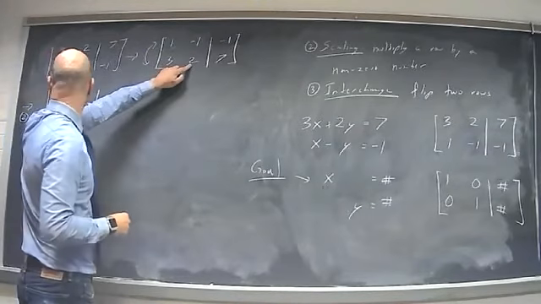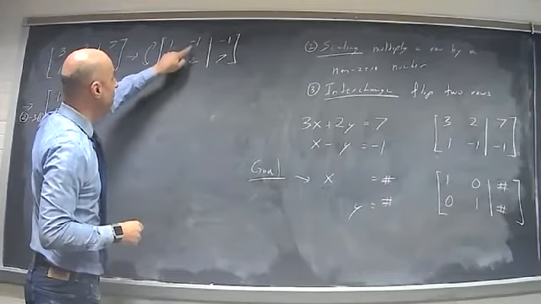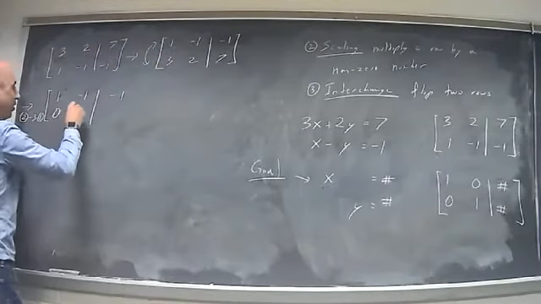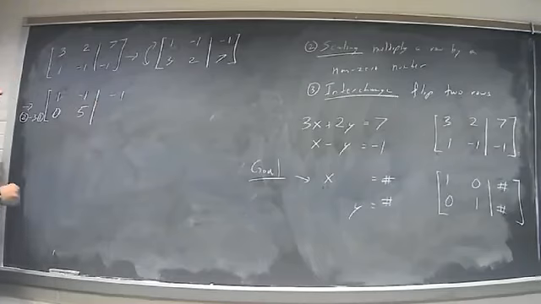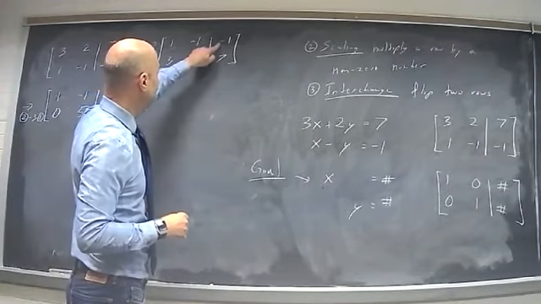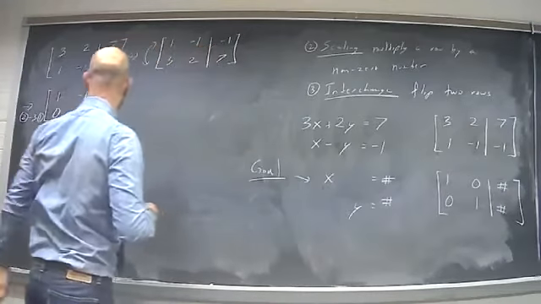If I take 2 and subtract 3 times -1, that's 2 plus 3, which is 5. And 7 minus 3 times -1 is 7 plus 3, that's 10.